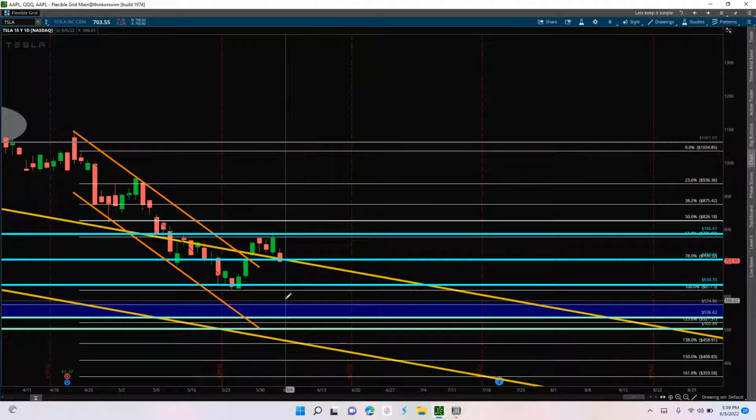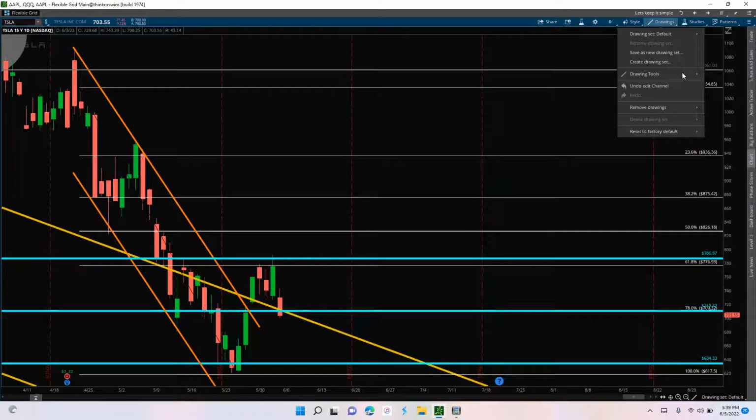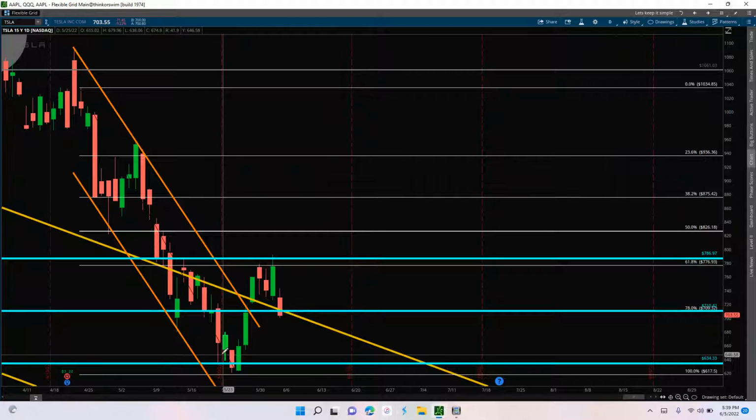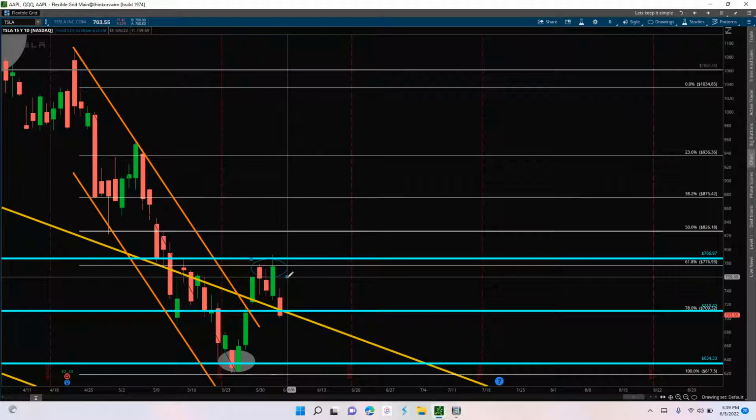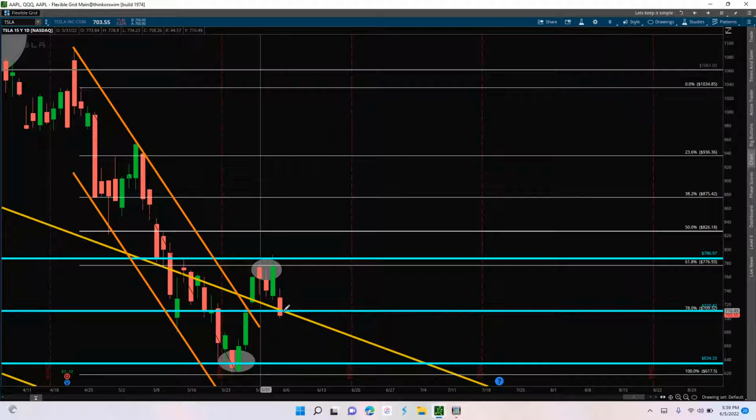If 620 doesn't hold. So for Tesla, if you look at the day, you're watching this level right here. This is your support area. And this is your resistance area. This is where we're at. We're in between. And right now we are in the middle.